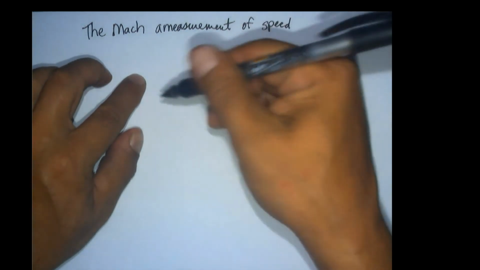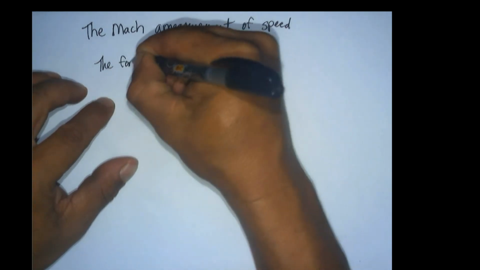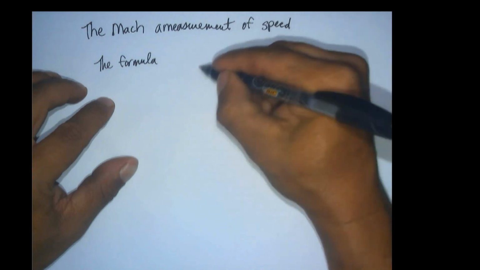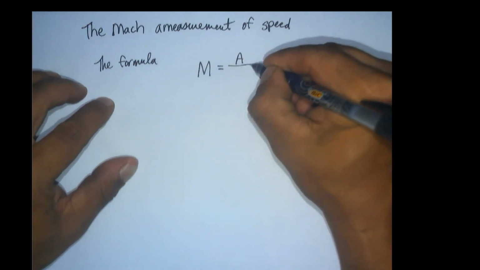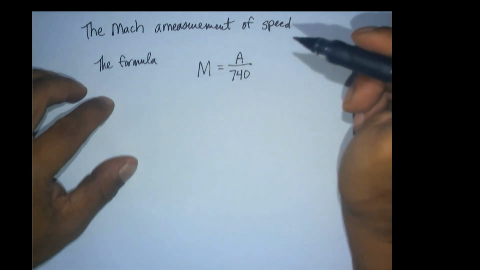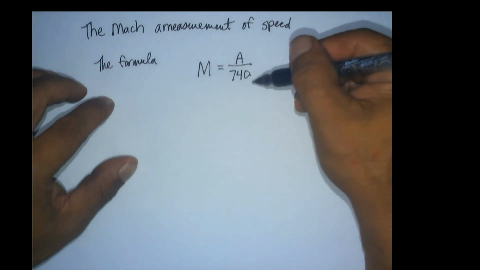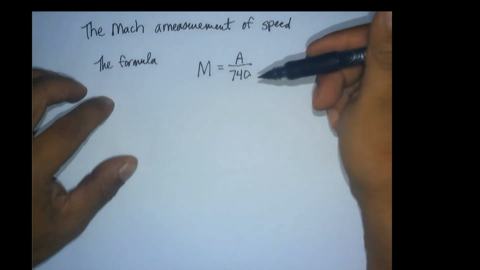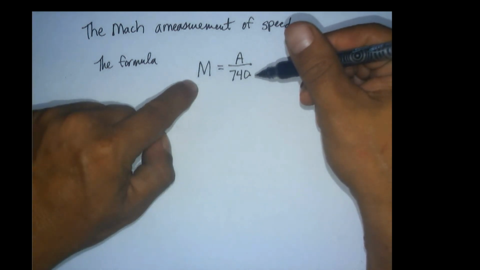So the formula for Mach is M is equal to A divided by 740. And 740 is the speed of sound in miles per hour. So a Mach tells you how many times faster than the speed of sound you're flying at.